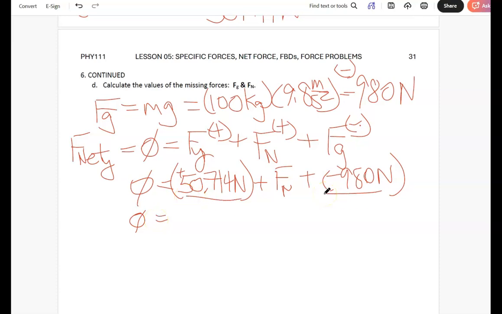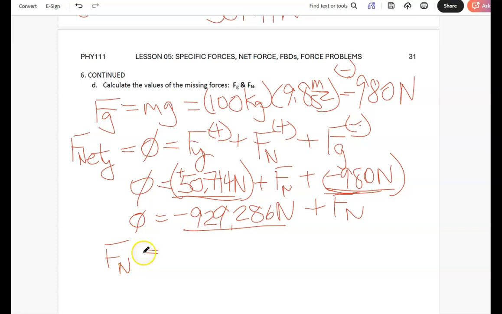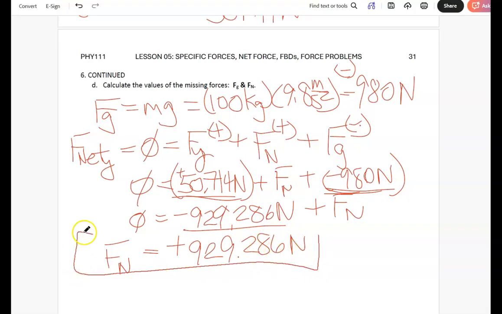We have a positive 50.714 and a negative 980 newtons. We add those together, we get negative 929.286 newtons, plus our unknown normal force. Well, just moving this to the other side, we get our normal force is equal to positive 929.286 newtons.